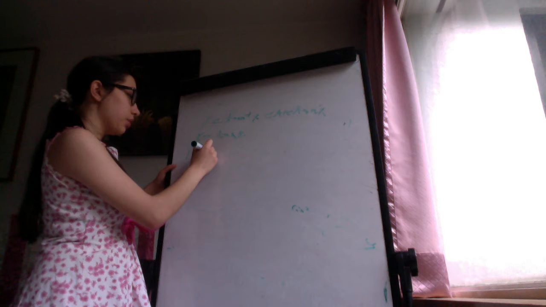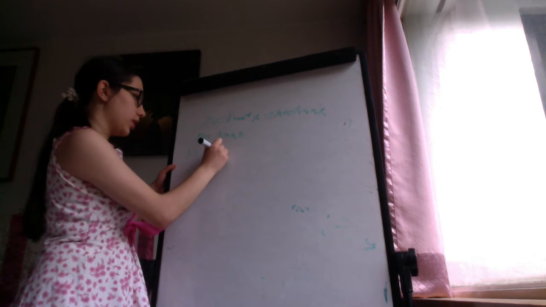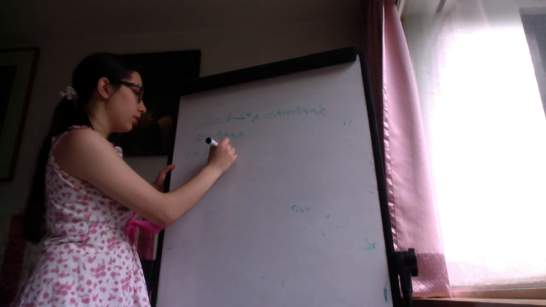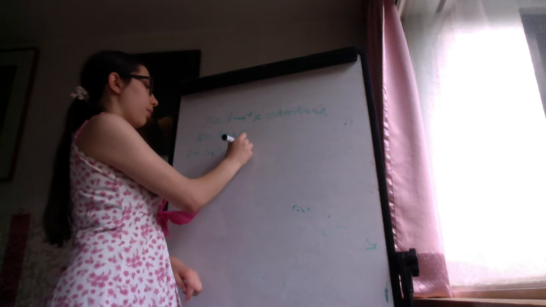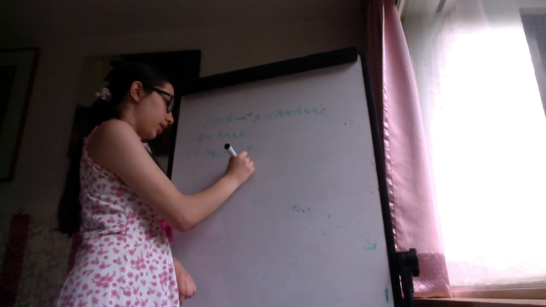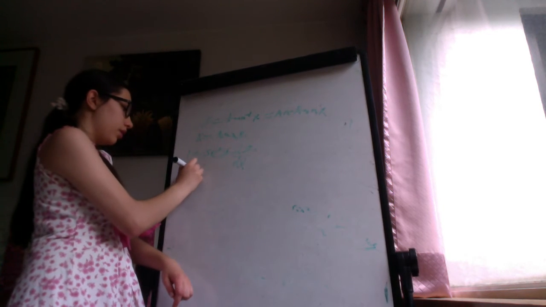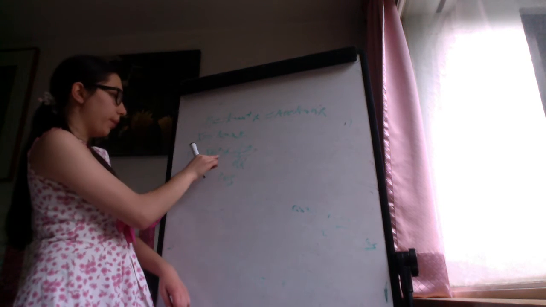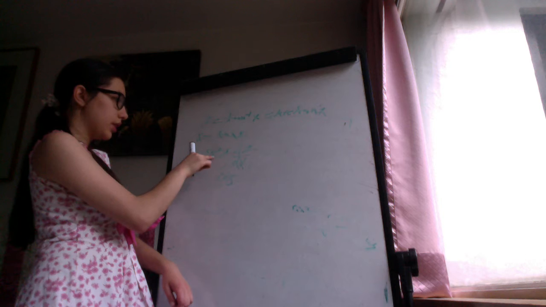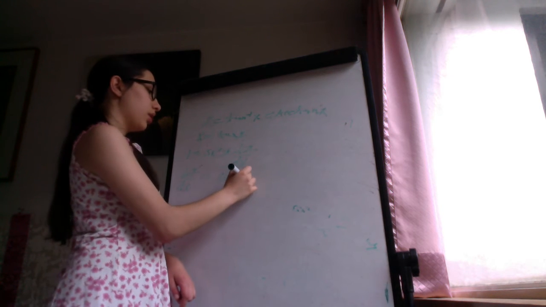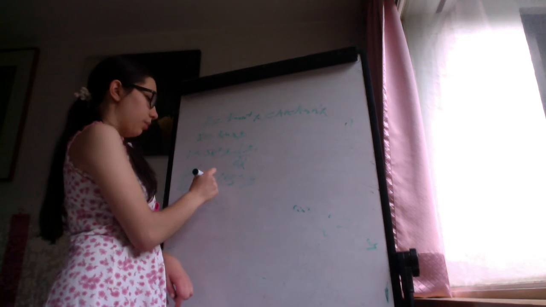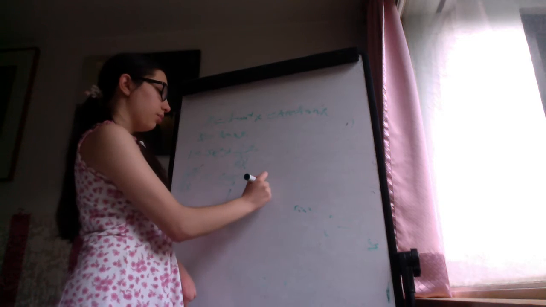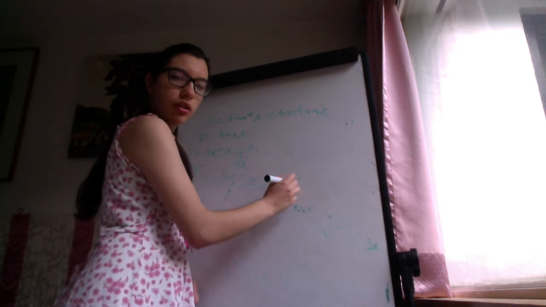The derivative of tangent y with respect to x is secant squared of y dy/dx. So dy/dx is equal to 1 over secant squared y, which is cosine squared y. Remember, here we have a 1, and so we can put this as cosine.